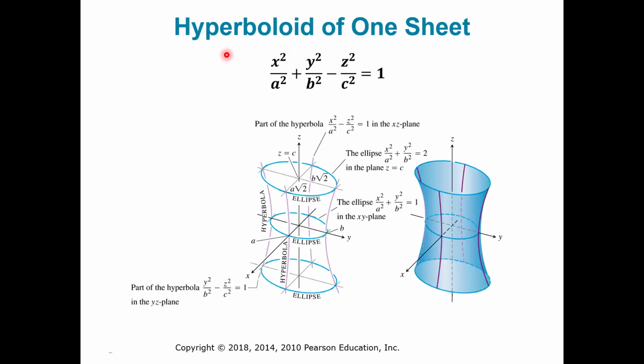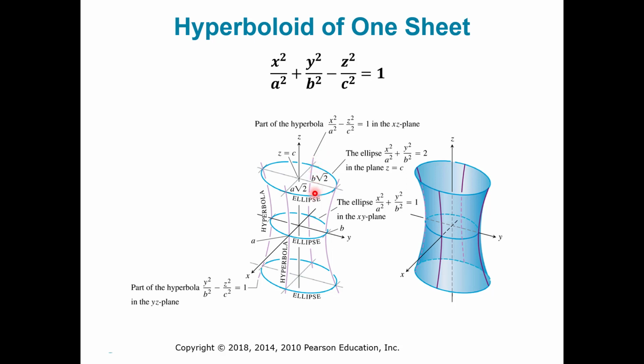The next one is our hyperboloid of one sheet. So that looks like x squared over a number squared plus y squared over a number squared minus z squared over a number squared, and we set it equal to 1. So with this one, if we start to break it apart, you can say the x squared plus the y squared, that would form these ellipses in what's parallel to the xy plane. And then if you sort of separate some terms here, so let's just ignore y for a moment, x squared minus z squared, well, that would actually give us a hyperbola in the xz plane.